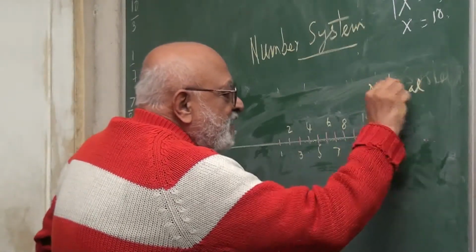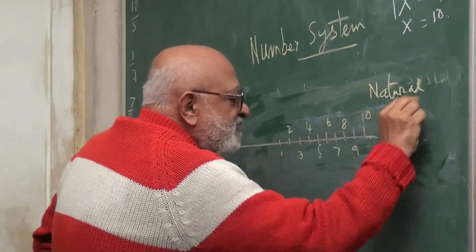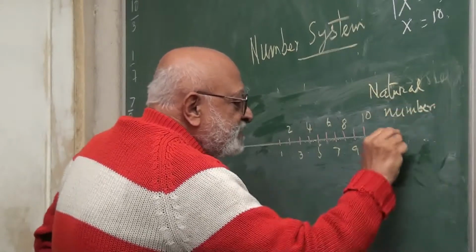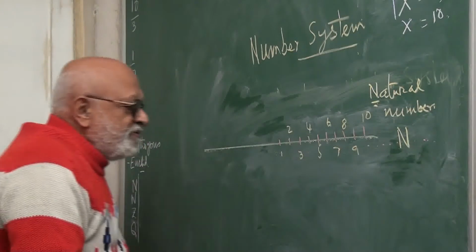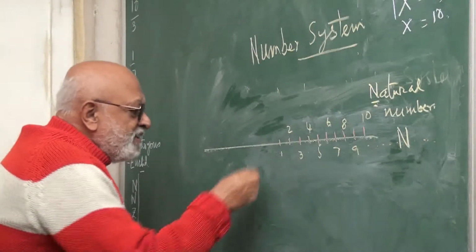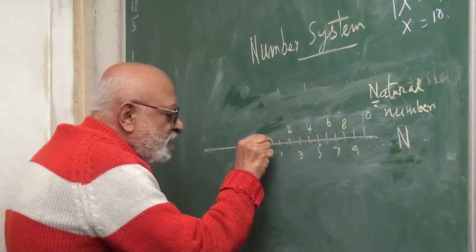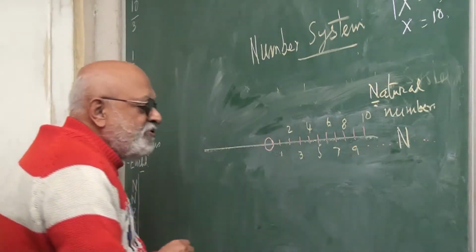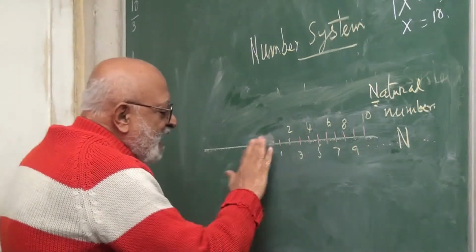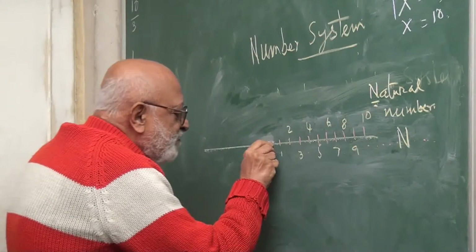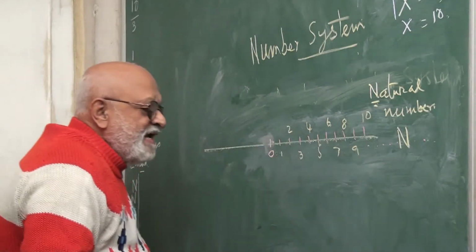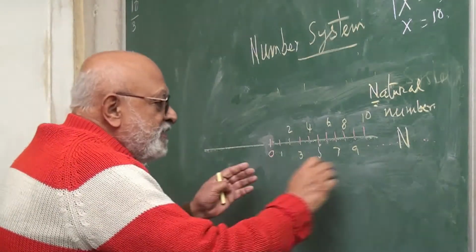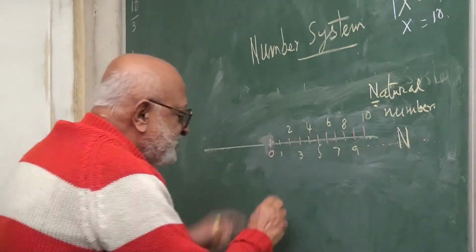Natural numbers. And this is usually indicated by capital N, as I have told you before. Now here, when you add 0, suppose I add 0 here. I put it here, another point, and I add 0 here. Then this becomes, including the whole natural number plus 0.